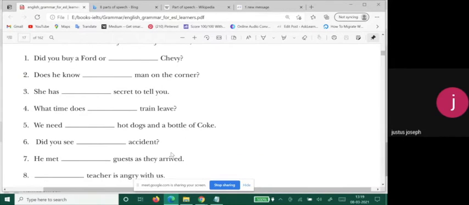Did you see the accident? Some of you are saying the accident, some of you are saying an accident. Both contexts are correct. It depends on how you are thinking about it. You're standing next to a window and pointing out at a highway and you're saying, did you see the accident?